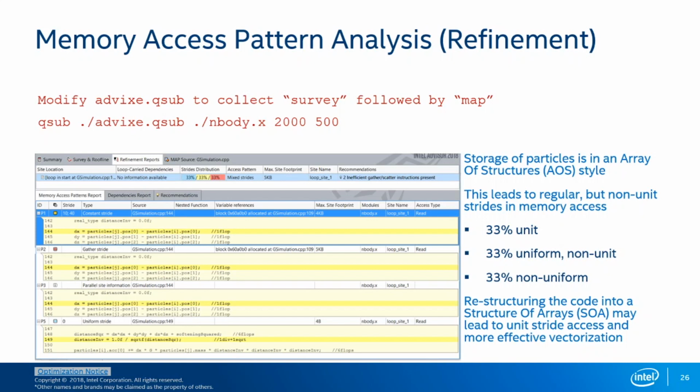Looking at this result, we see that we have constant stride and gather stride access for the same line of code. If we look at the data structure that we're using, we'll see why that is.